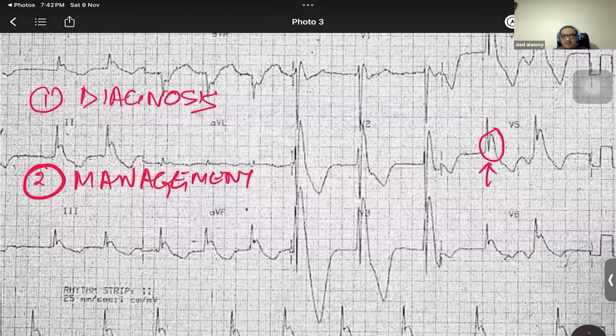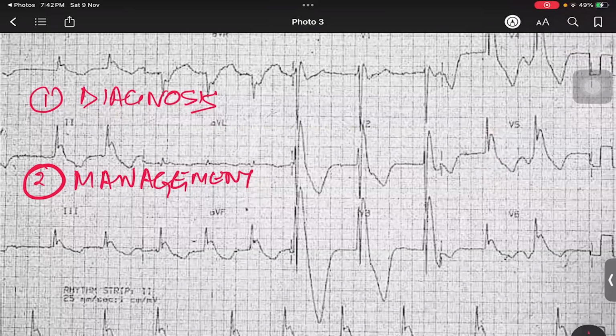Invasive or non-invasive? Heat, like a blanket first, and we can use fluid at a high temperature, 40. If there is no response, we can use extracorporeal warming as the final step.